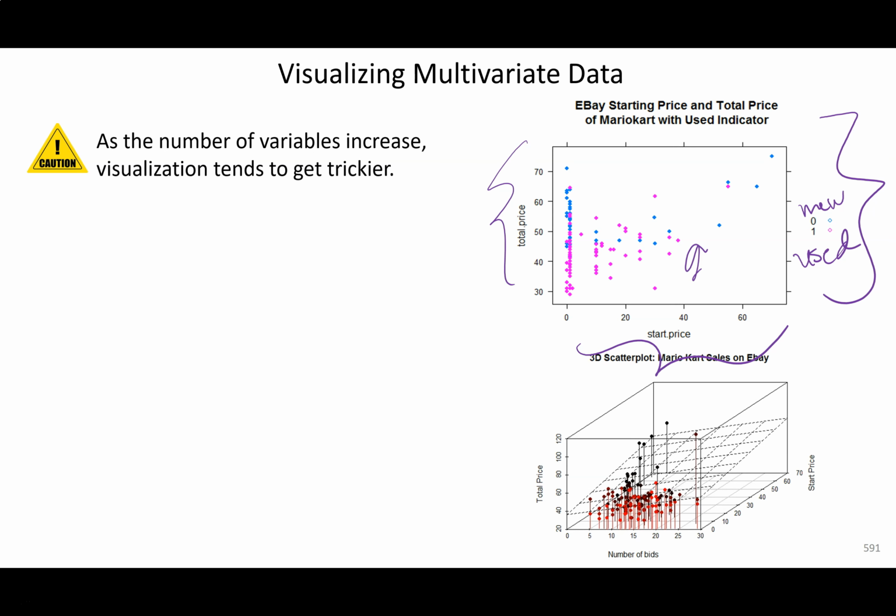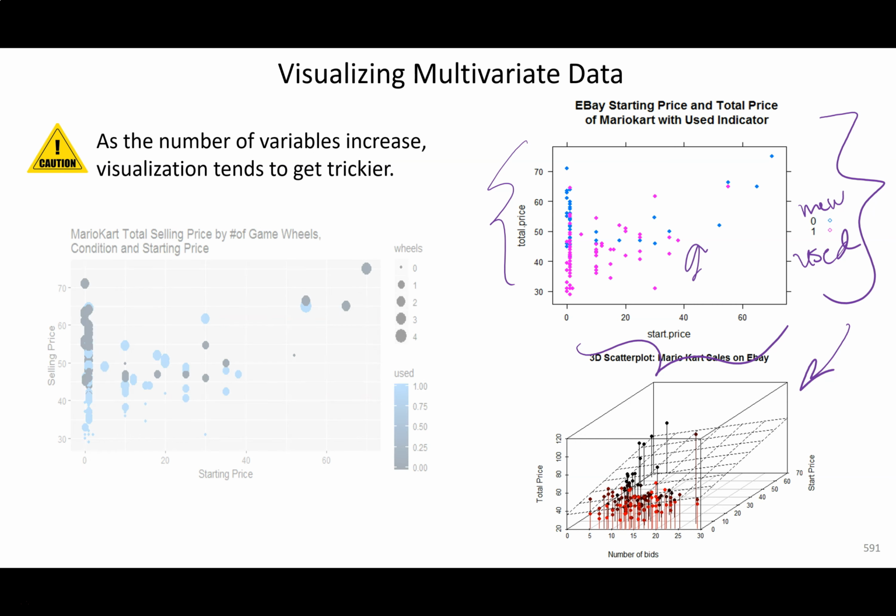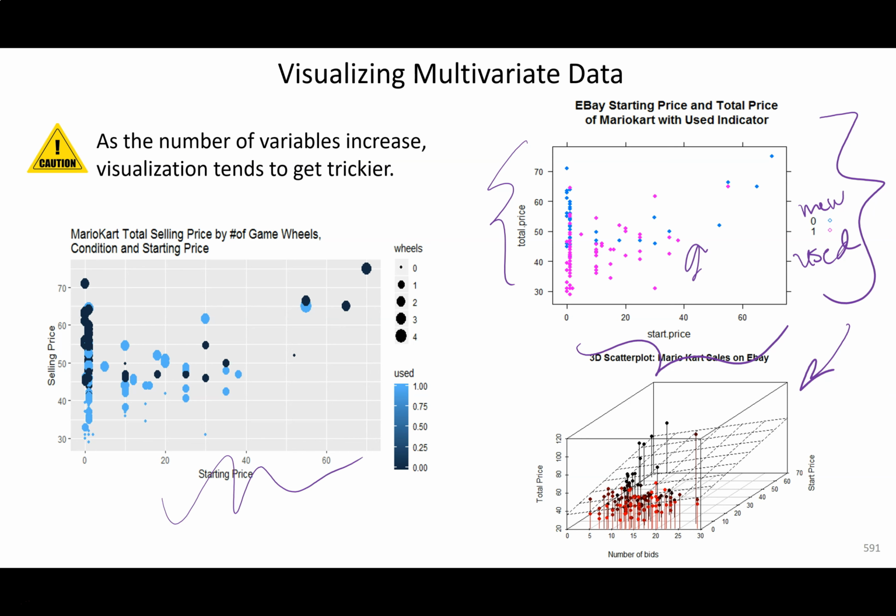But here is another visual of the same data. So this is trying to put it into a 3D visual. And then here's another. So we put starting price, which is an explanatory, selling price, which is the response variable, and we looked at the number of, we will get into this example, but the number of wheels contained.